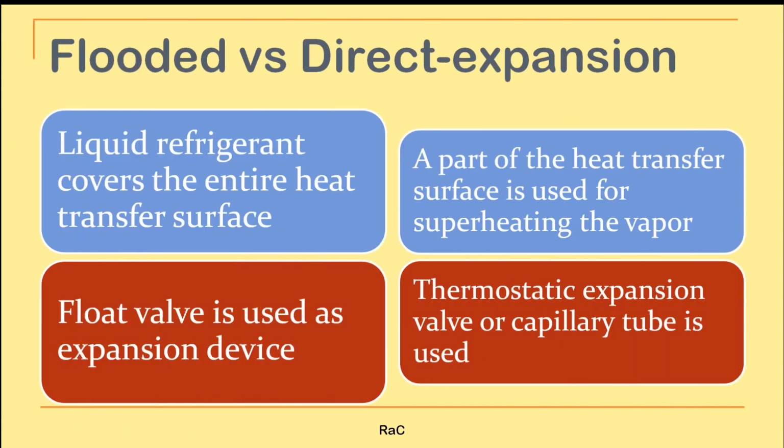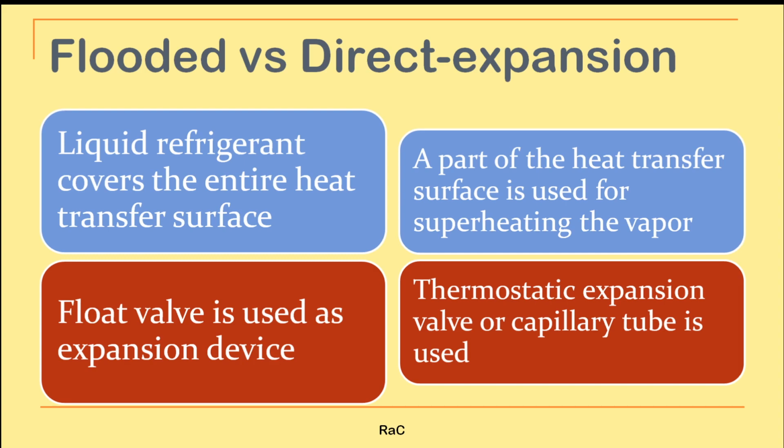Now, this is a major classification of evaporators. You can see it in almost all the concepts of evaporators, whether in the companies or in the textbooks: flooded type evaporators as well as direct expansion type or dry expansion type evaporators.